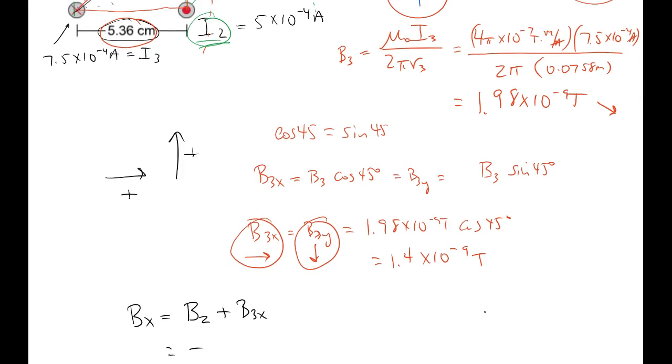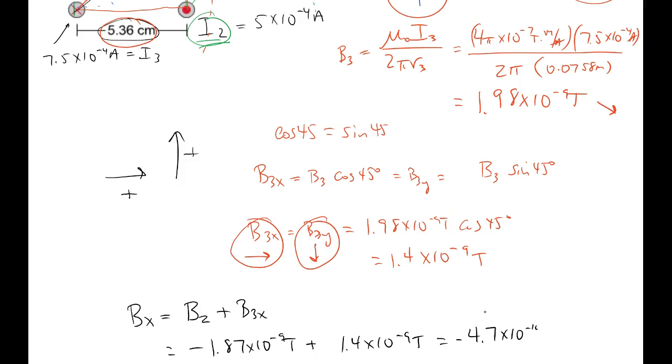So it's negative 1.87 times 10 to the negative 9th plus 1.4 times 10 to the negative 9th. I get a negative 4.7 times 10 to the negative 10th Teslas. That's the magnetic field in the x direction, and because it's negative, it means it's going left. I'm not going to write left because negative left would actually be right.